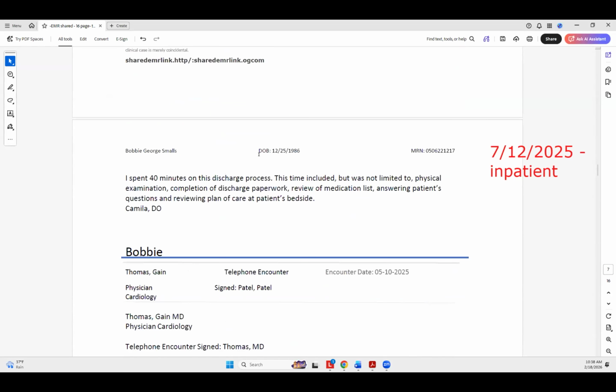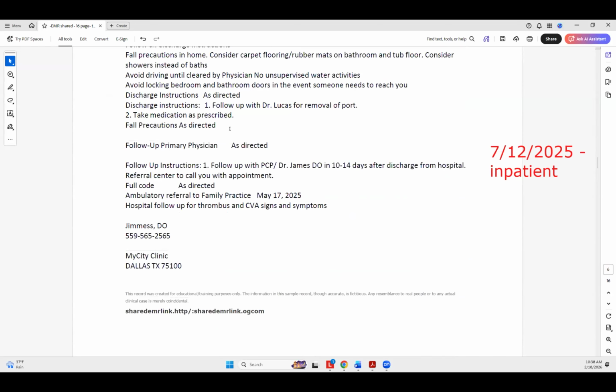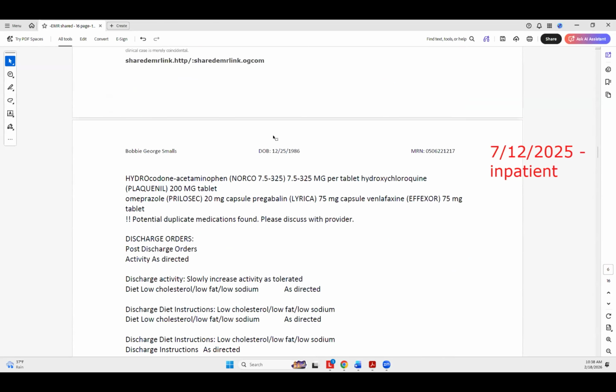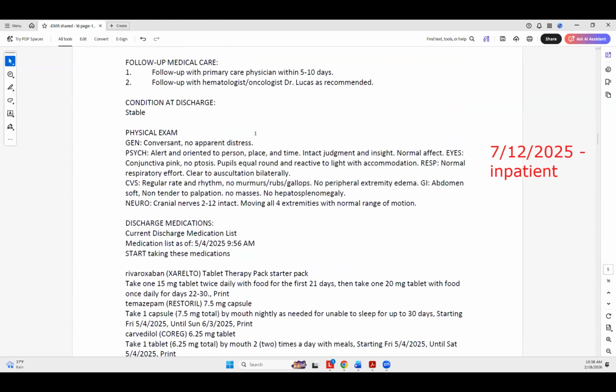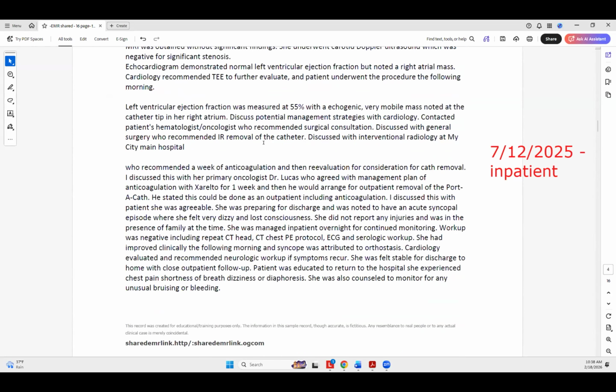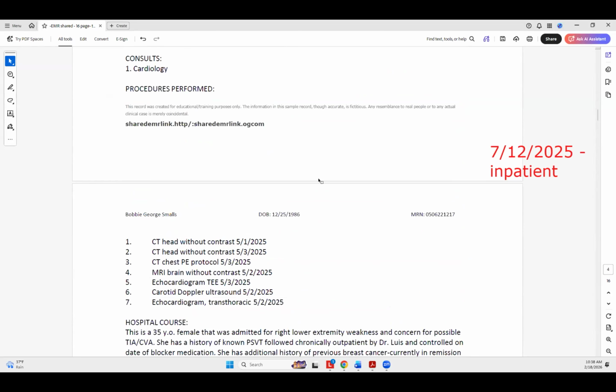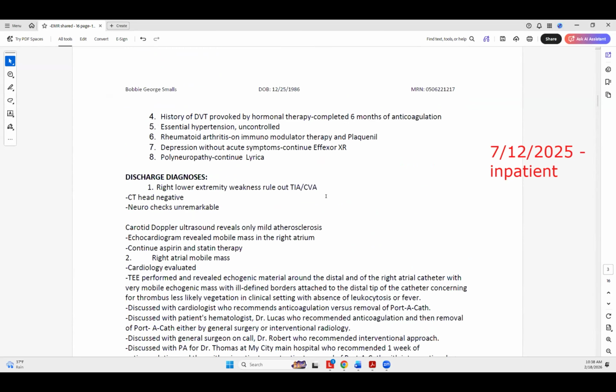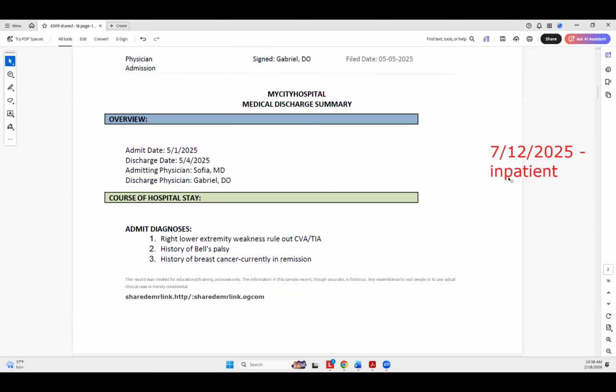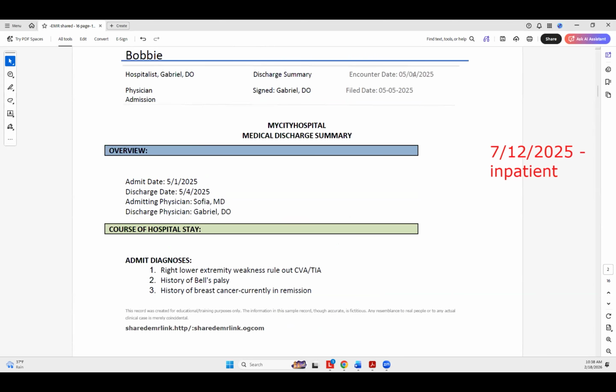Discharge summaries usually have a lot of pages, almost 5 pages. So we know this date of service, 5/4, encounter date. Is this inpatient or outpatient?